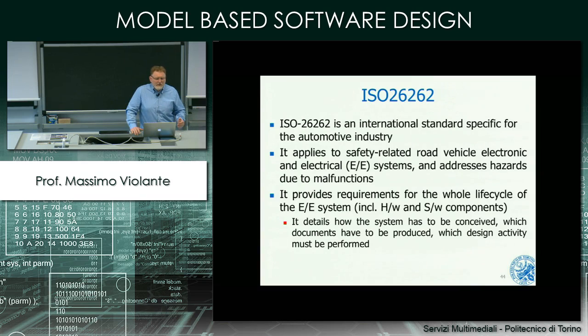This will bring to the point where, if there is a failure and somebody gets hurt, the law will deem you liable of lacking to comply with the best practice.